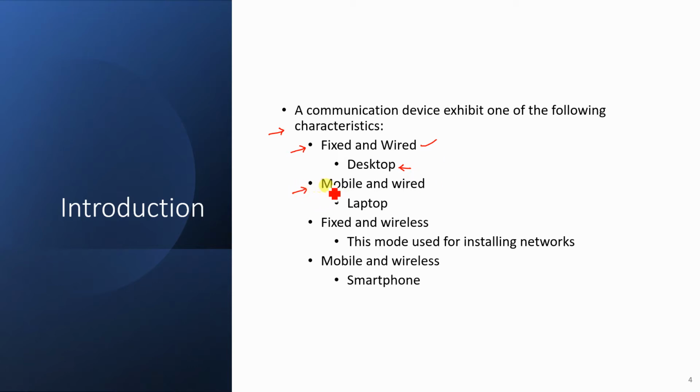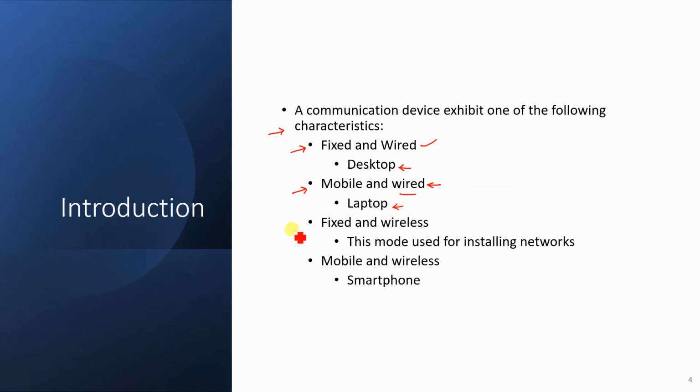Similarly, a device can be mobile and wired. I am referring to a laptop. Whenever we are using a laptop, we take it from one place to another, and wherever we get a wired connection, whenever we are trying to access the internet or send a mail, we prefer a wired connection with the laptop instead of wireless.